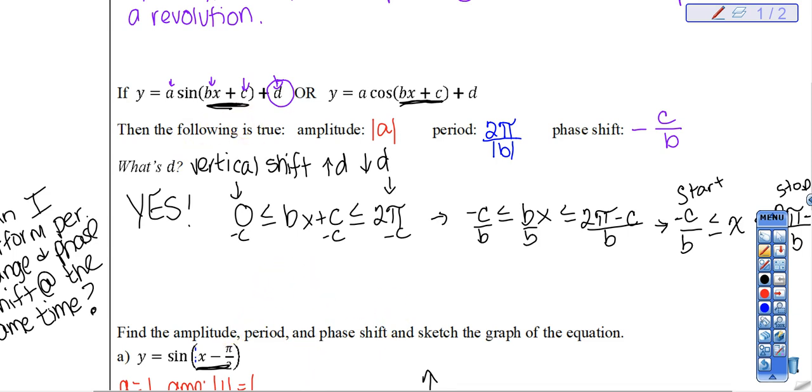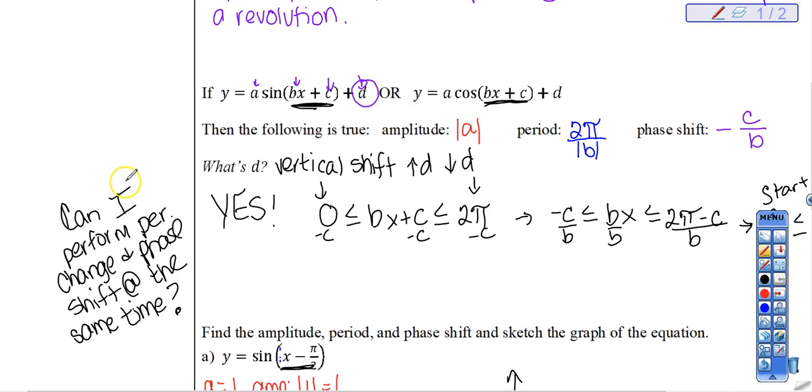Okay, so what I want to remind you, yesterday we talked about this a bit. Can you perform the period change and the phase shift at the same time? And it's really useful to do that. So remember what we do.